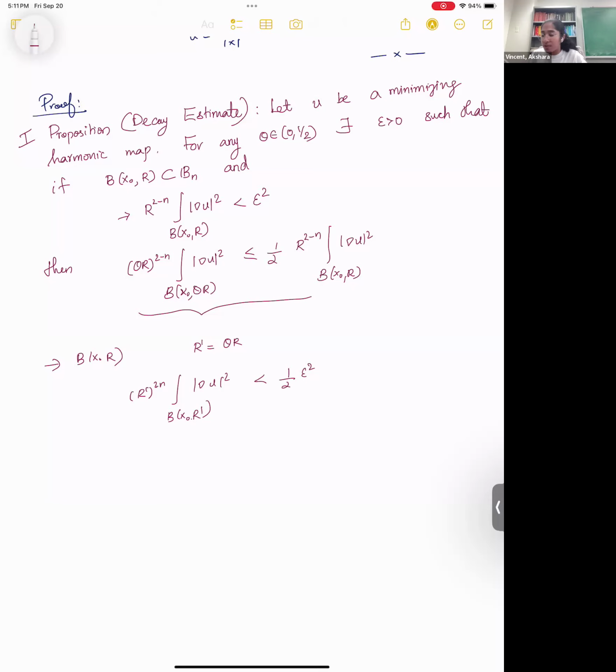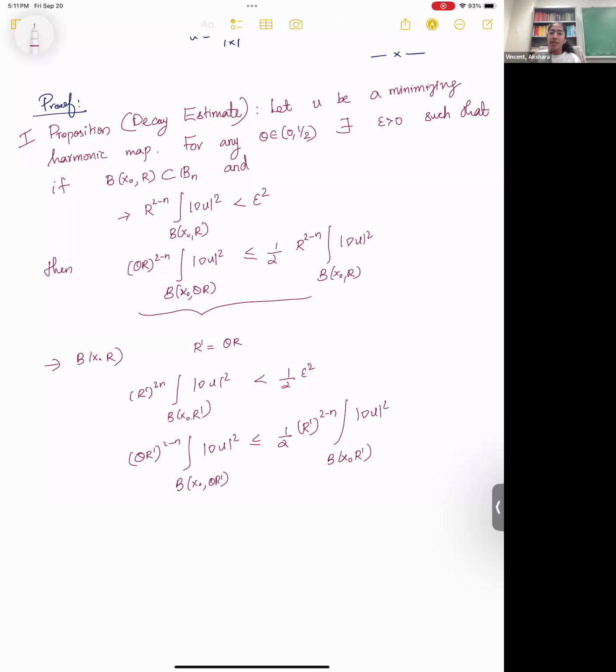So we can iterate this to get that theta R prime to the power 2 minus n integral over B(x0, theta R prime) of mod gradient of u squared is less than or equal to 1/2 R prime to the power 2 minus n integral over B(x0, R prime) of mod gradient of u squared.